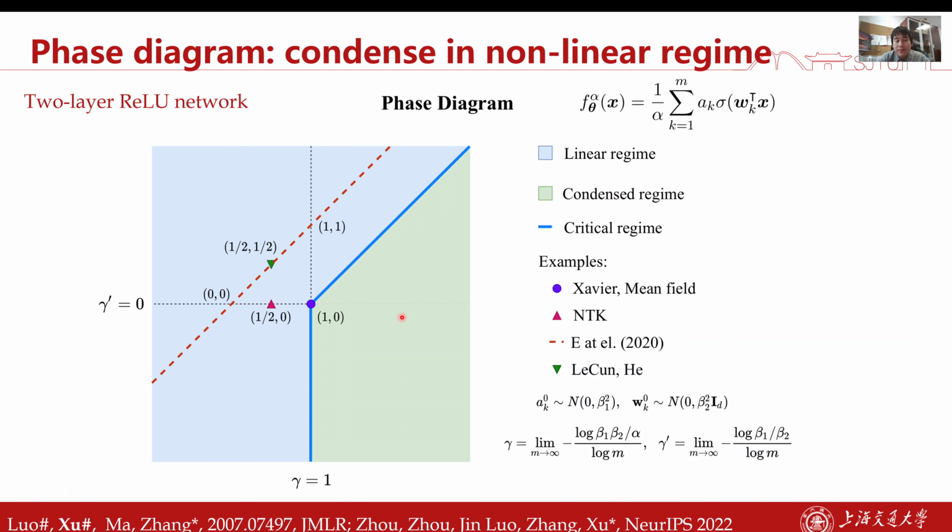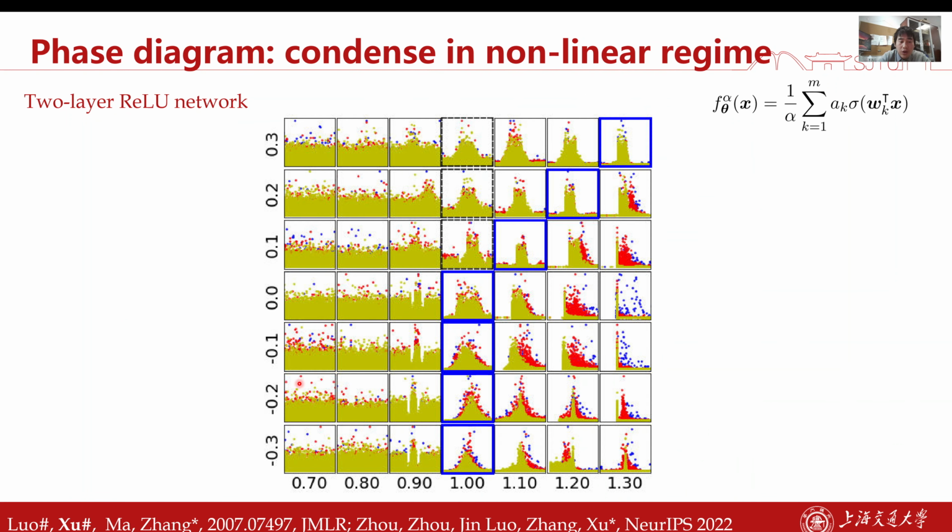And we found that in this regime, there is always condensation. So here's an example. The x-axis here is the gamma of our initialization scale, and this y-axis gamma prime indicates the difference of the input weight and output weight. This is the linear regime, and this is the nonlinear regime.